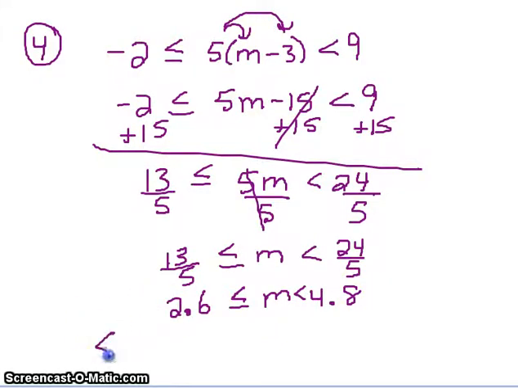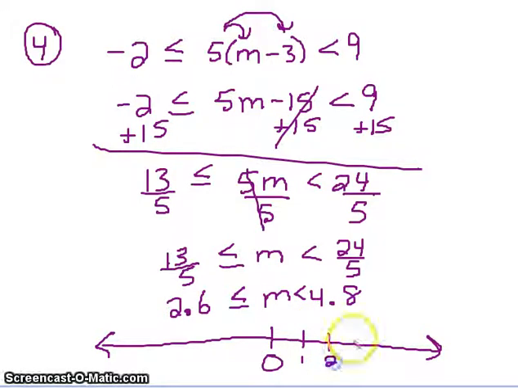If I want to graph this, it's not beautiful. 1, 2, 3, 4, 5. Because the less than or equal to sign is in between the variable n and 2.6, then 2.6 is going to be a closed circle.